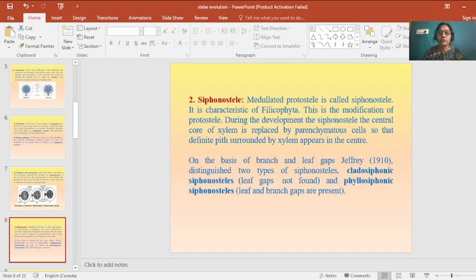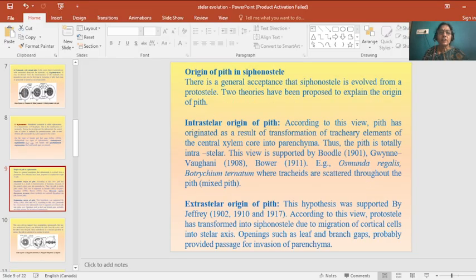On the basis of the branch and leaf gaps, Jeffrey distinguished two types of siphonostele. One is known as cladosiphonic siphonostele, where the leaf gaps are not found, and the other is known as phyllosiphonic siphonostele, where leaf and branch gaps are present.